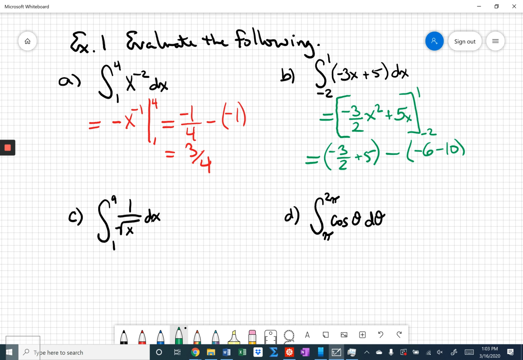Then do some arithmetic. This becomes negative 7 halves minus, no, minus negative 16, excuse me. And so 16 plus 7 halves is 19 halves. 7 halves is 3.5, and so that works out to be 19 halves.